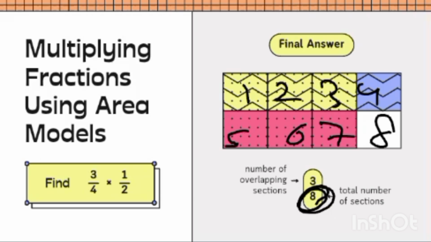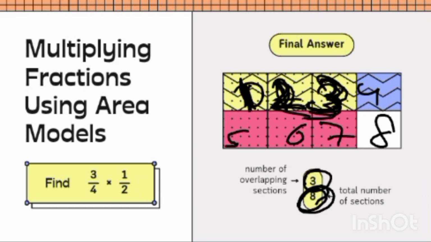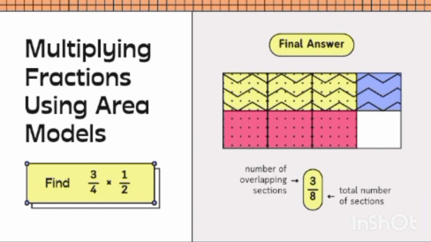The number of overlapping sections is 3: 1, 2, 3. These are the overlapping sections. So our answer is 3/8. This is how you can multiply fractions using the area model.